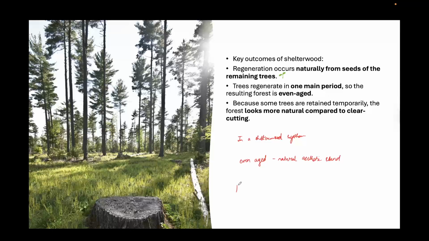First there are trees like this, mature trees. In a shelterwood system, you first cut some of these trees and preserve some shelter trees so that there is new sapling growth. There are saplings growing here, to which the trees provide protection and cover.